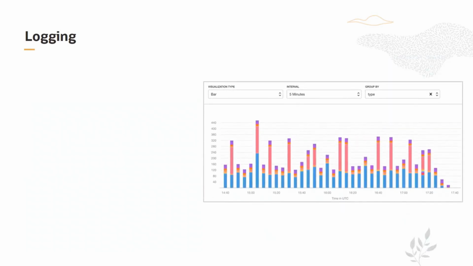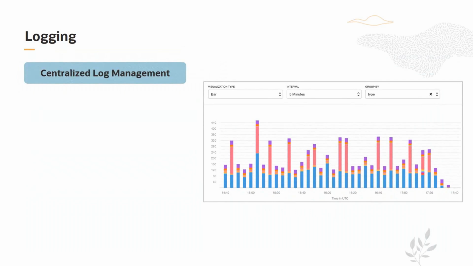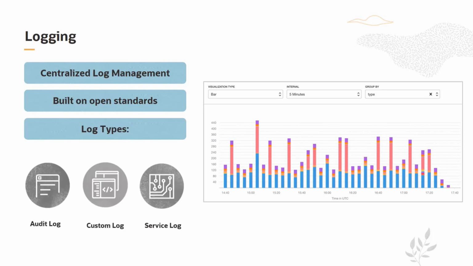As we discussed in the last slide, the OCI Logging service provides centralized log management, and as it is built on open standards, developers can use hundreds of open source community plugins to ingest, parse, and enrich their logs. We have also talked about the three types of logs: audit log, custom log, and service logs.